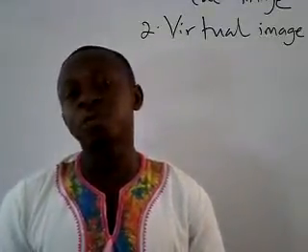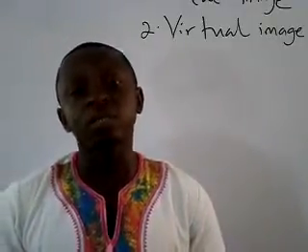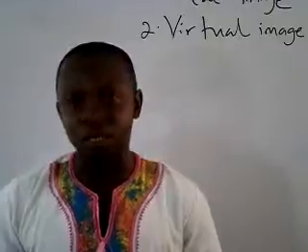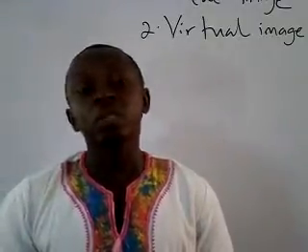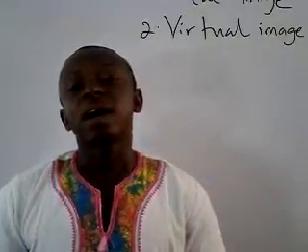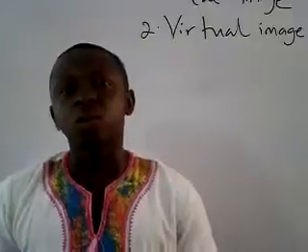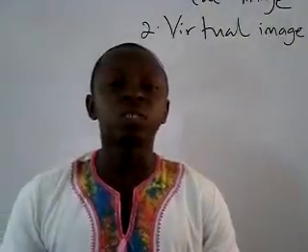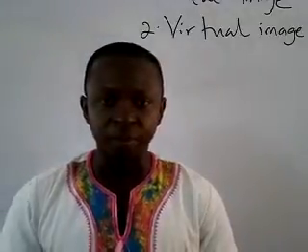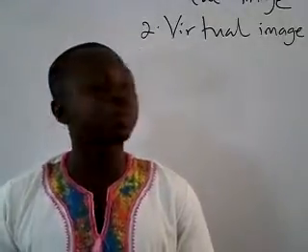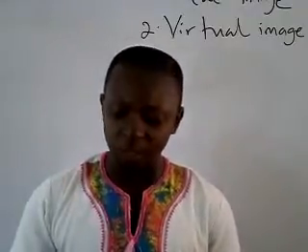When it comes to virtual images, they appear to form from a point which does not exist. And then, real images are formed in front of the mirror, while virtual images are formed behind the mirror. So these are the differences between real images and virtual images.